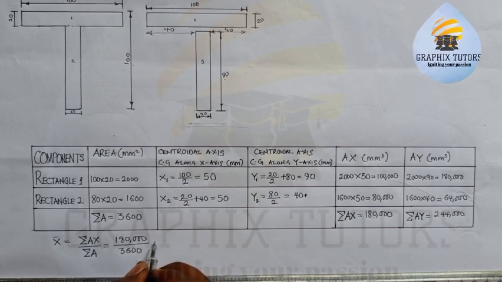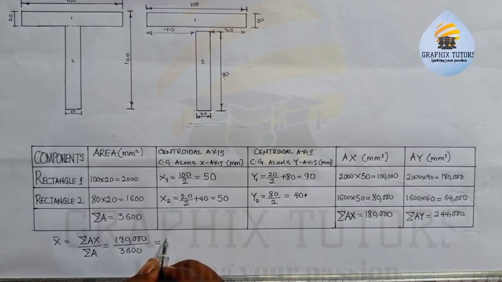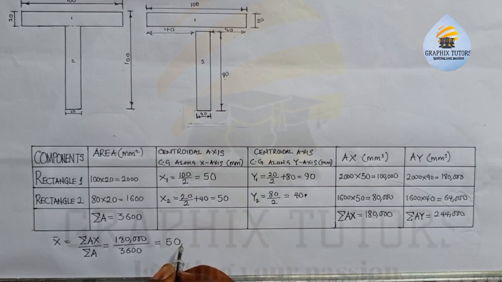3,600. And that's going to give us 50 millimeter. That is the center of gravity along x.